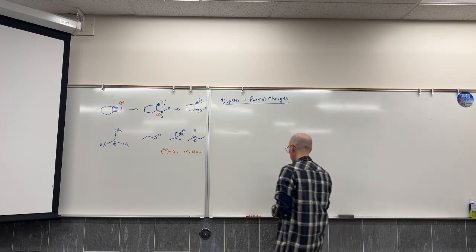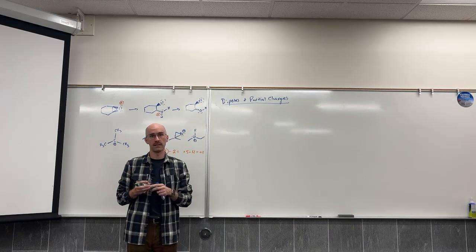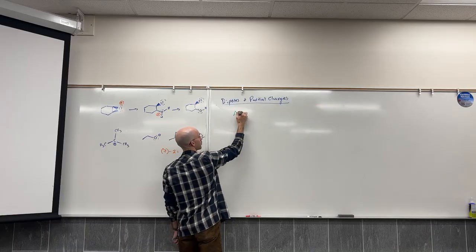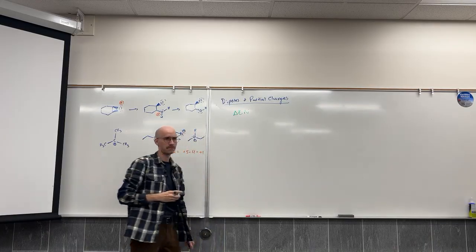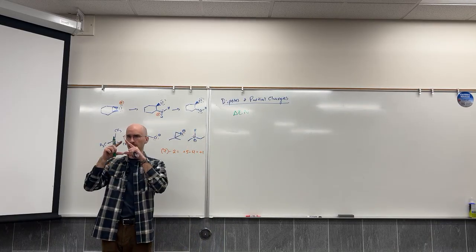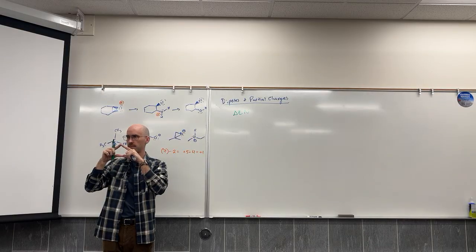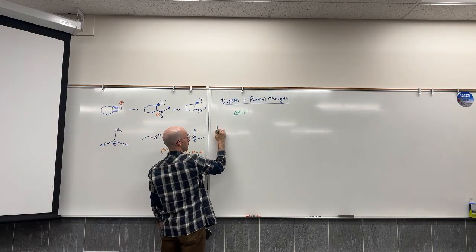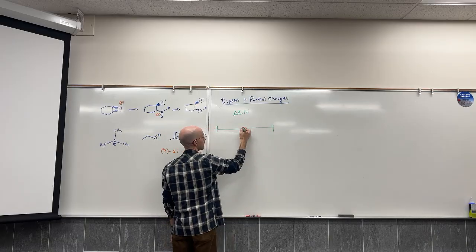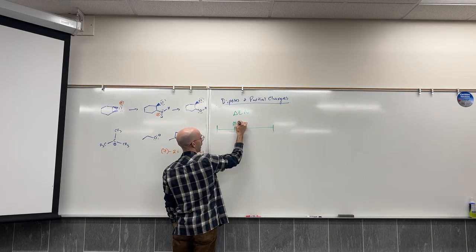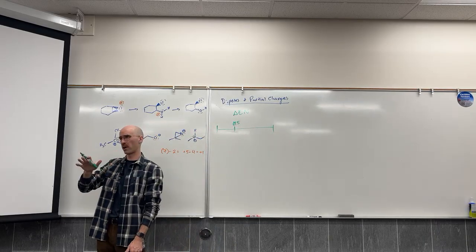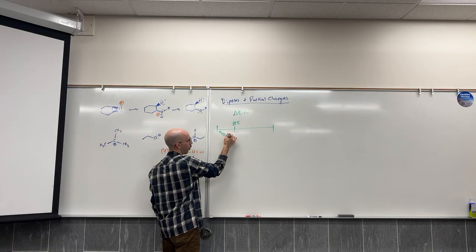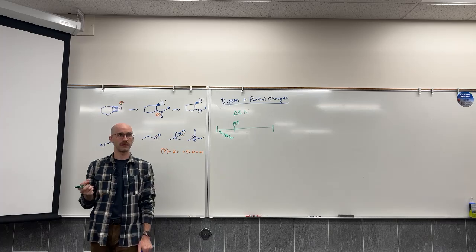Now, there are two things that impact a dipole. There's the difference in electronegativity. That delta, that triangle, means change or difference. If the difference in electronegativity is less than 0.5, we consider the bond to be nonpolar covalent.